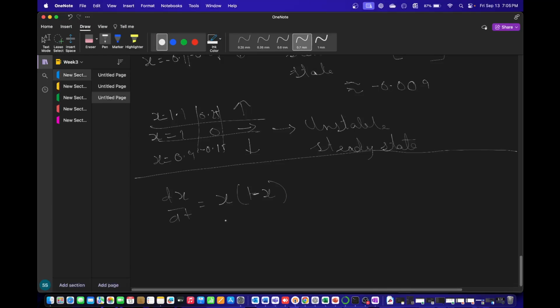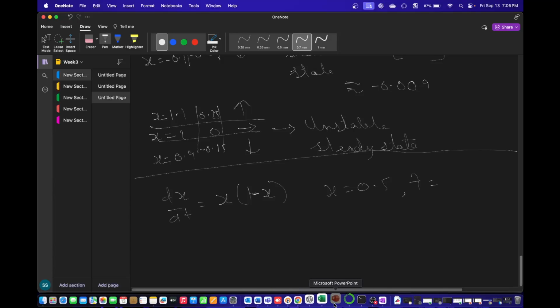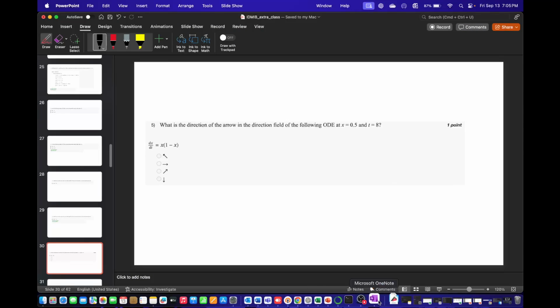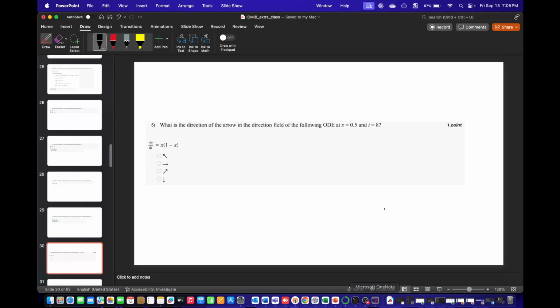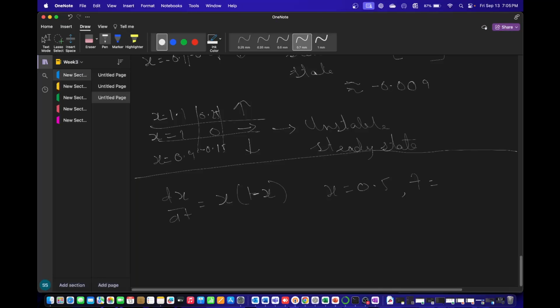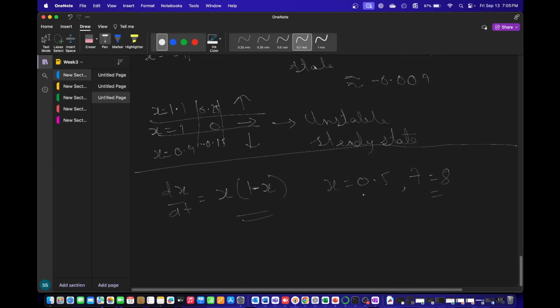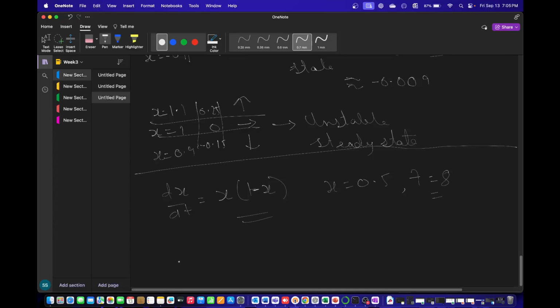Let me write it down here: x equal to 0.5, t equal to 8. It's not going to be important, because this equation does not have t in it, so whatever the value of t, it does not matter. The slope only depends on x. So your dx/dt will be 0.5 into 1 minus 0.5.